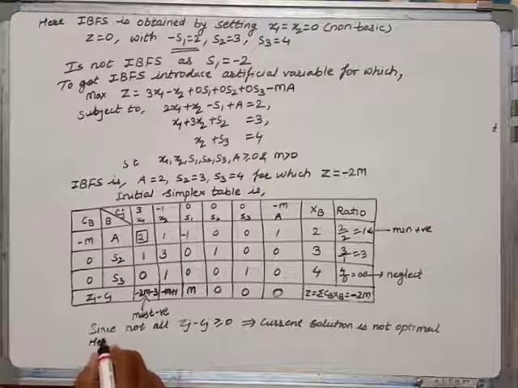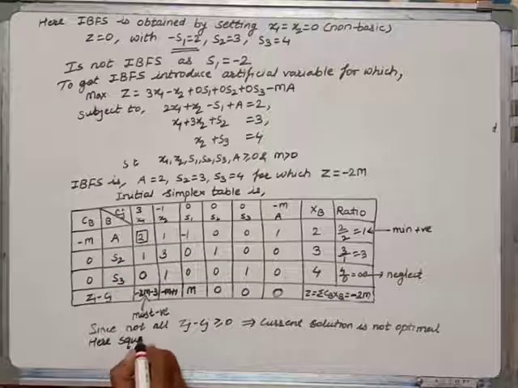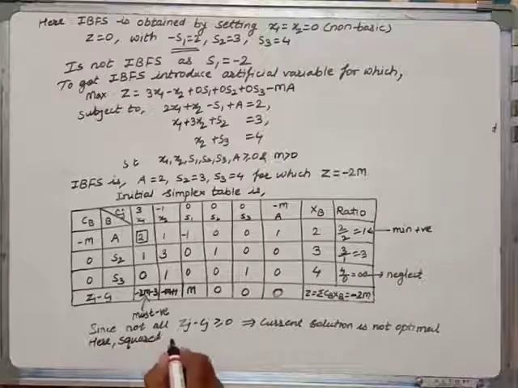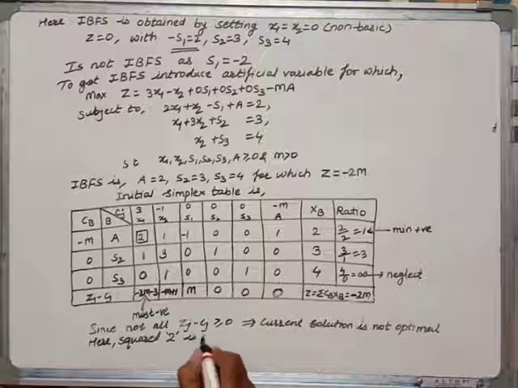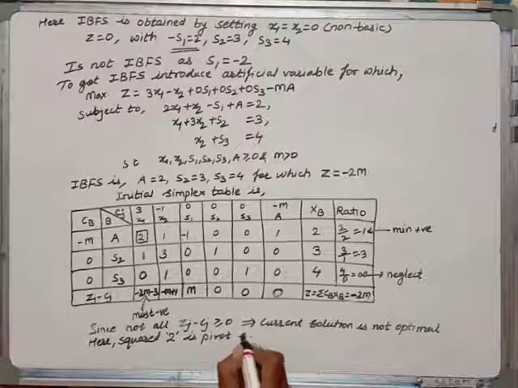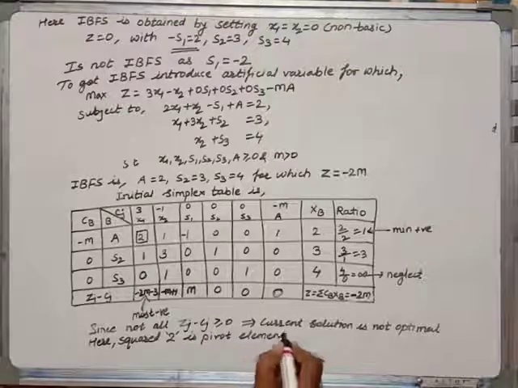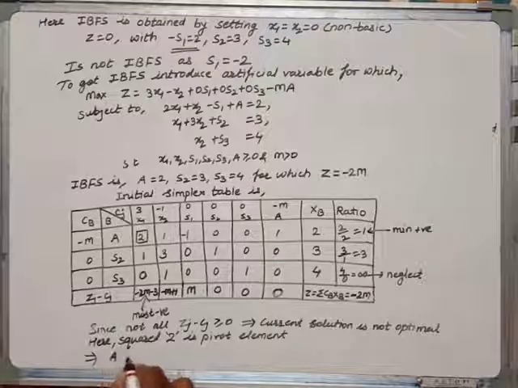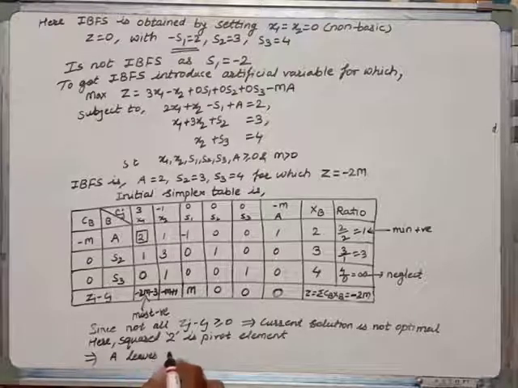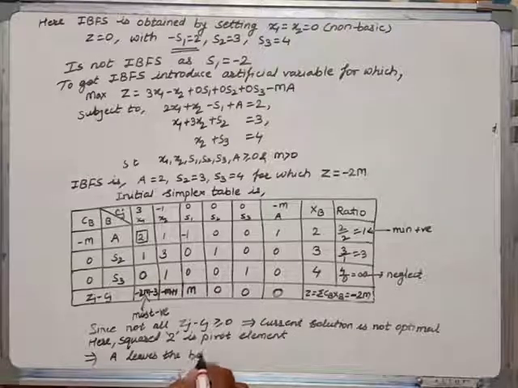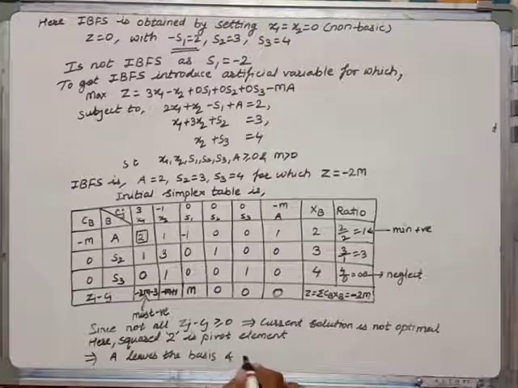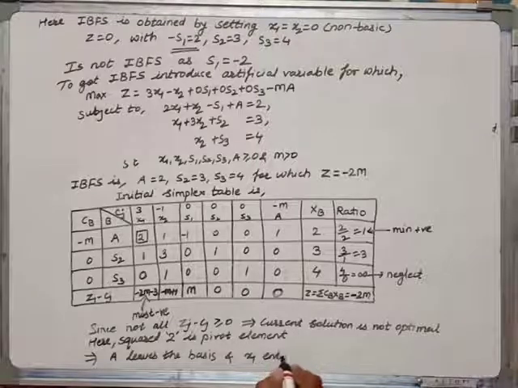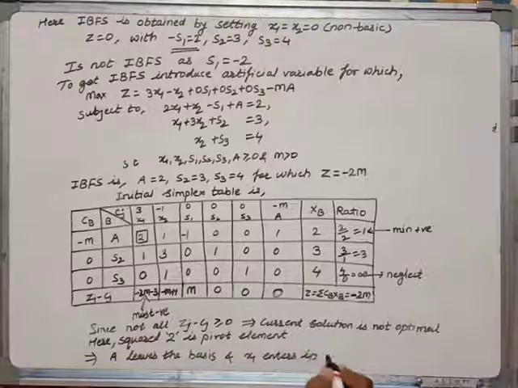So here the squared 2 is the pivot element, which indicates what? It indicates that A leaves the basis, and x1 enters the basis.